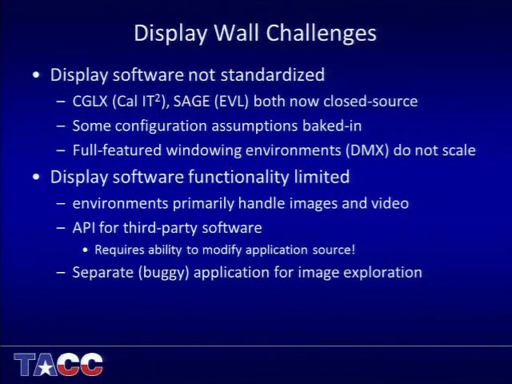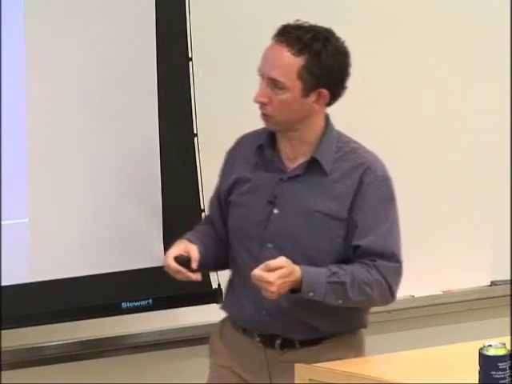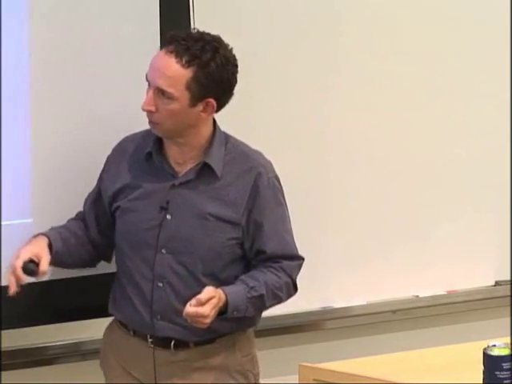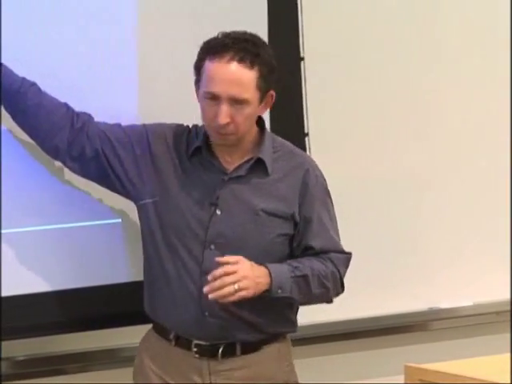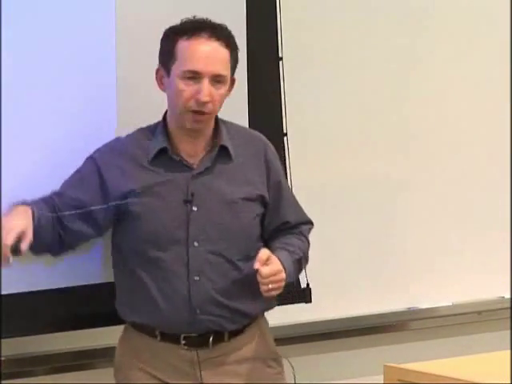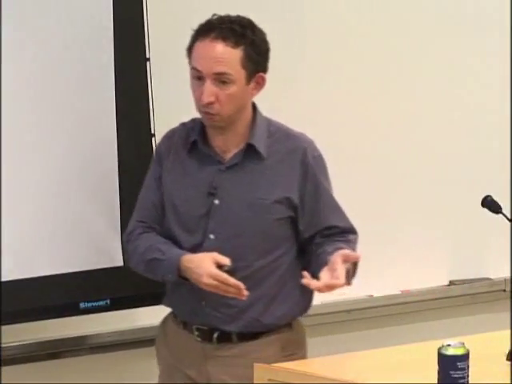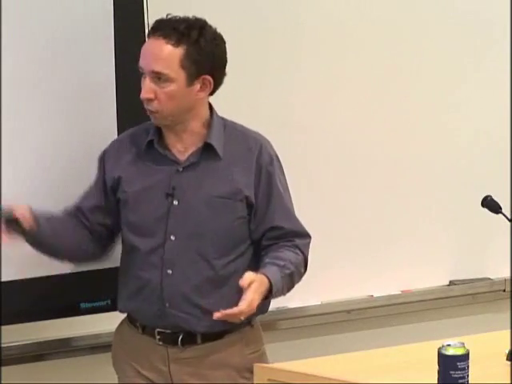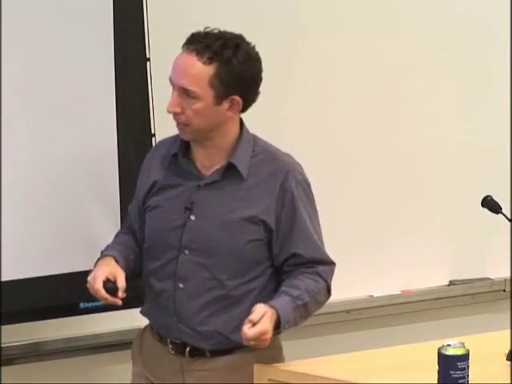So there's definitely a need for folks to do X right. Because outside of a full-featured environment, your ability to have software hosted on the large display is limited as well. Primarily images and video streams, because that's the first thing people try, and it's relatively easy. You have an API for third-party software, but if you want to run a closed-source proprietary piece of software or a large software base, you would have to go in and modify it.